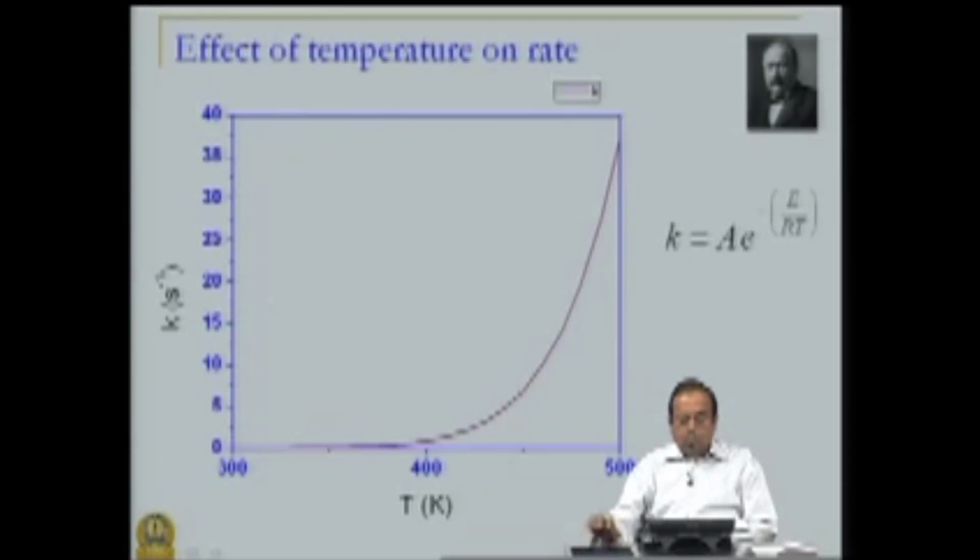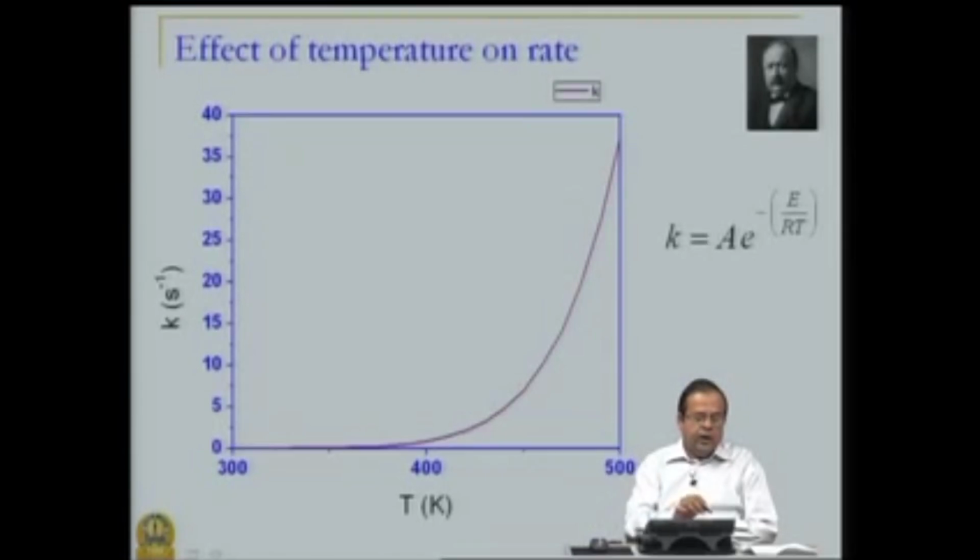Now, the dependency of rate constant on temperature was initially observed, and an expression for this observation was provided by Arrhenius way back in the 17th century. And what people had experimentally observed even before Arrhenius gave this mathematical expression was this.